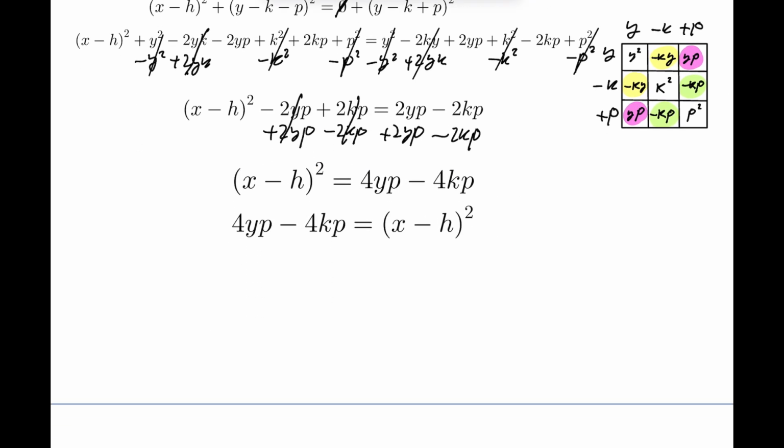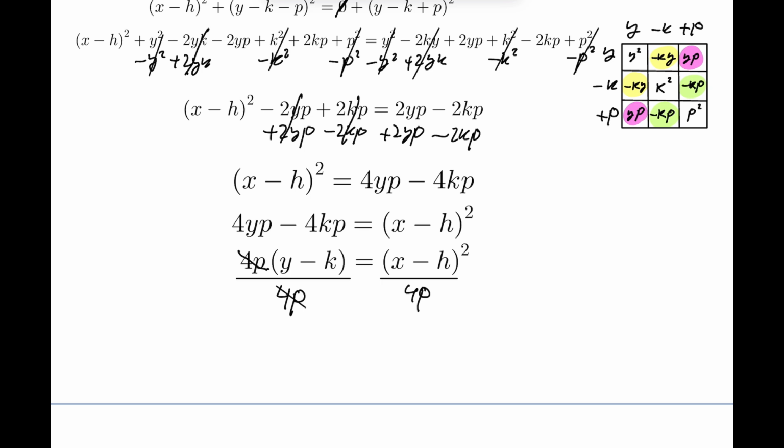So now we're going to factor out from the left side 4p. So we get (y minus k) is what's going to remain, times (x minus h) all squared. Now we divide everything by 4p. These cross out on the left side.